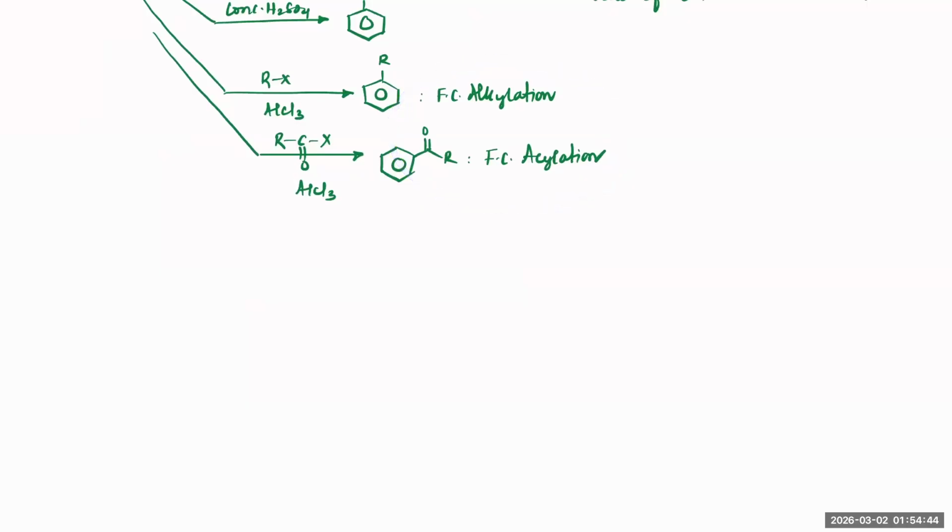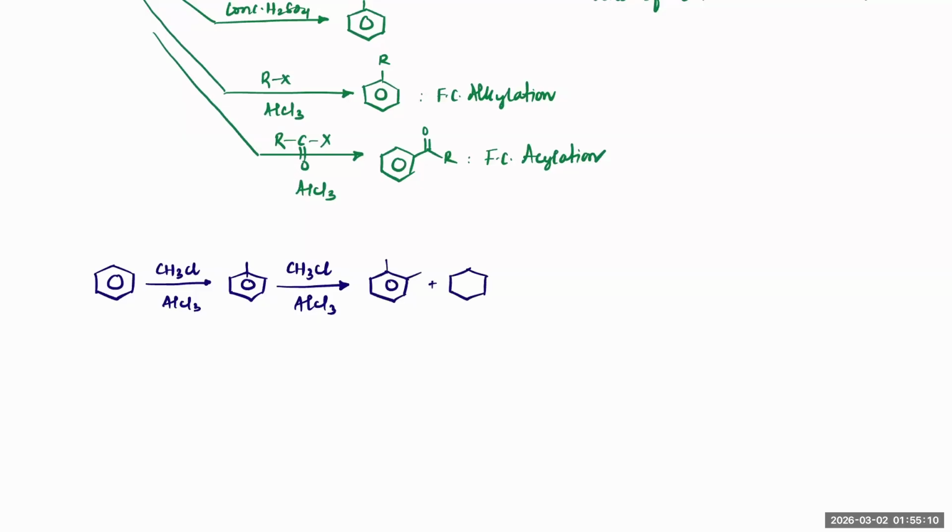That is, it can undergo polyalkylation. For example, if you treat benzene with CH3Cl in the presence of AlCl3, first you will get methyl benzene, but the reaction would continue with this methyl benzene to give further products. Multiple products can be formed here.